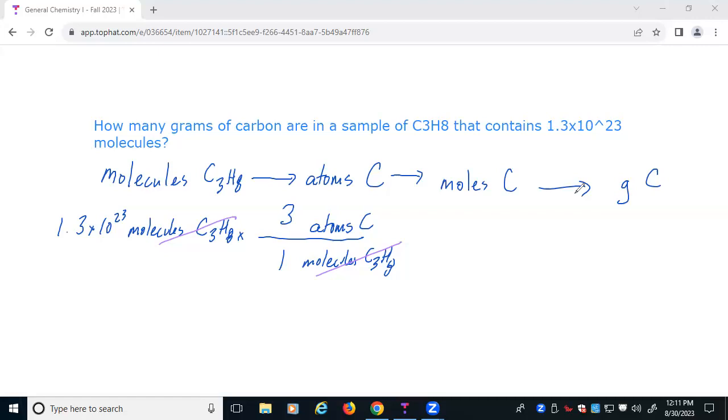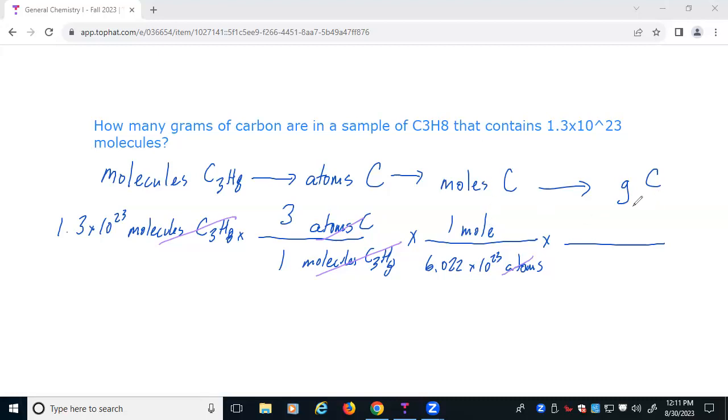To turn the atoms into moles, I need to use Avogadro's number. 6.022 times 10 to the 23rd atoms in 1 mole. And my atoms cancel out.